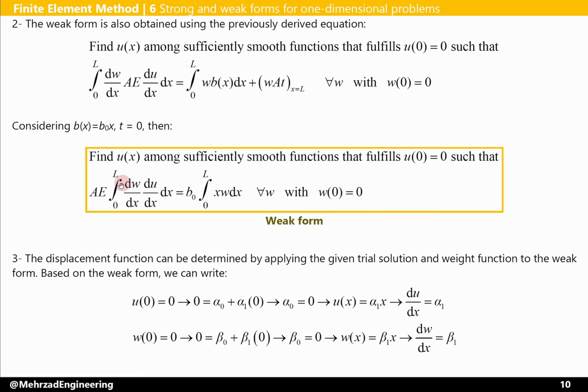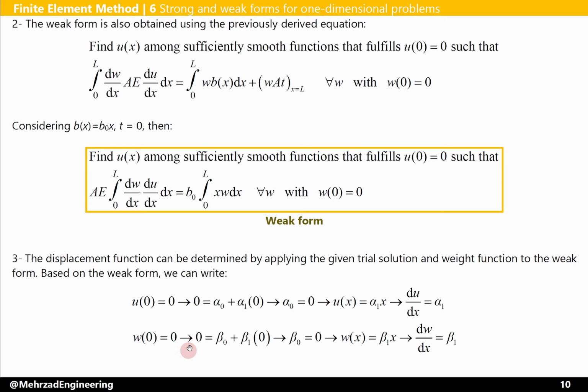Also, we need the first derivative of w and the first derivative of u. So we could find alpha 0 and beta 0 using u of 0 equal to 0 and w of 0 equal to 0. If we apply this equation at x equal to 0, it results in alpha 0 equal to 0.